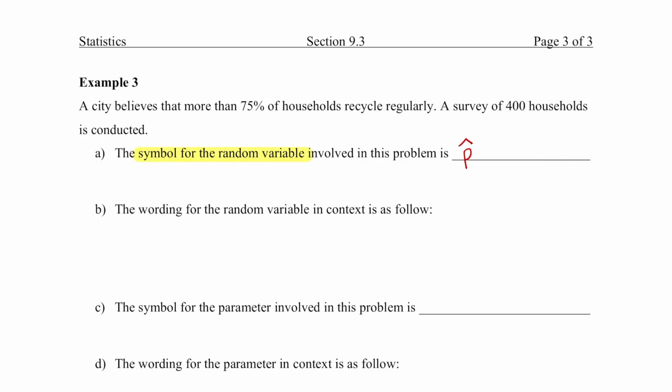And if we're testing a population mean instead, the random variable will be x bar, the sample mean. Just like p hat, x bar changes from sample to sample, so it is also a random variable. On the other hand, p and mu describe the entire population. They are the population parameters. Since this problem is about the population proportion, our random variable is p hat.